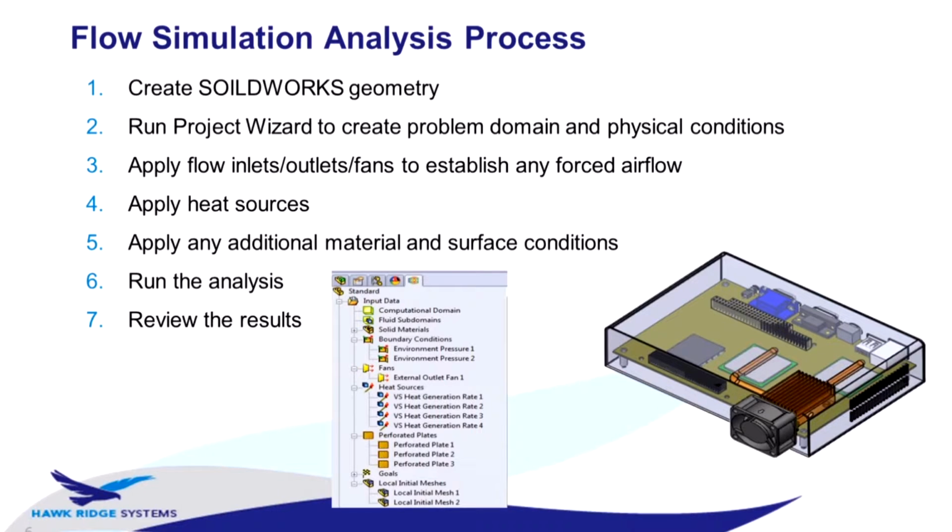And then we'll establish all of our flow conditions, our inlets and outlets, our heat sources, where the heat is being generated, like on chips, for example, or any other devices, transformers or whatnot, capacitors. We'll apply any other material conditions that might be necessary. And then once we have all that set up, we'll run the analysis and review the results, of course.